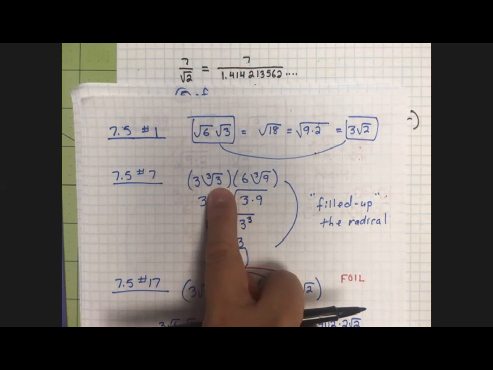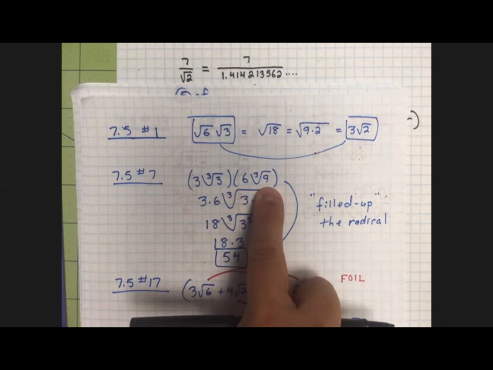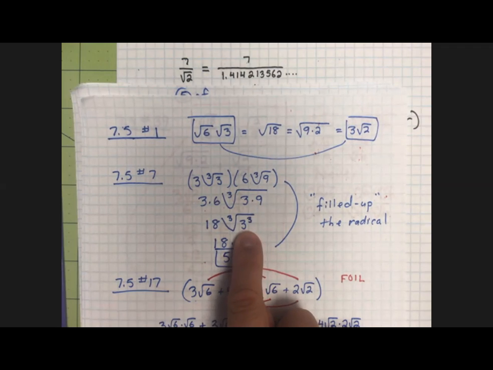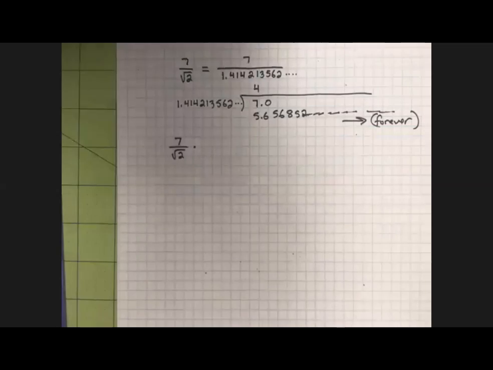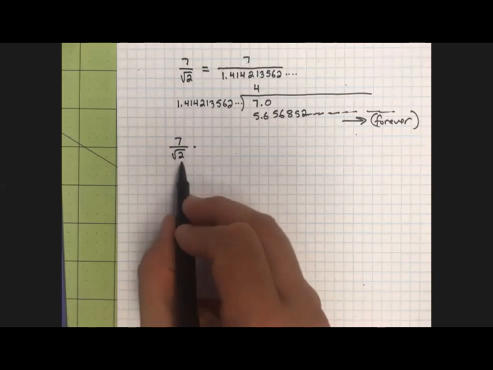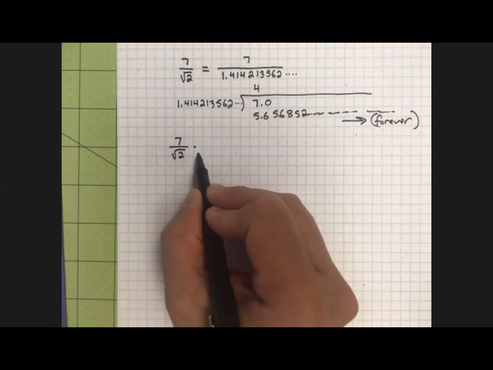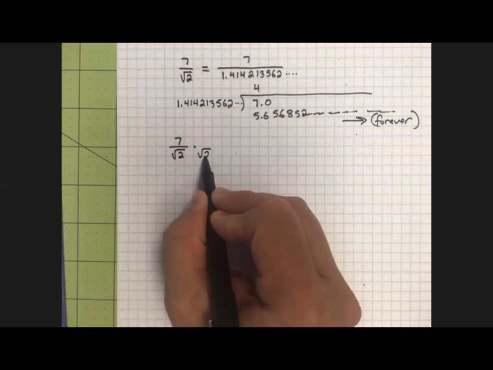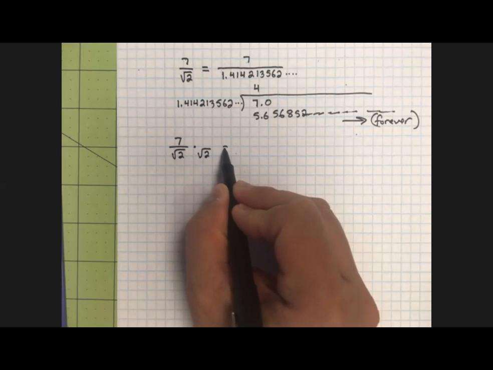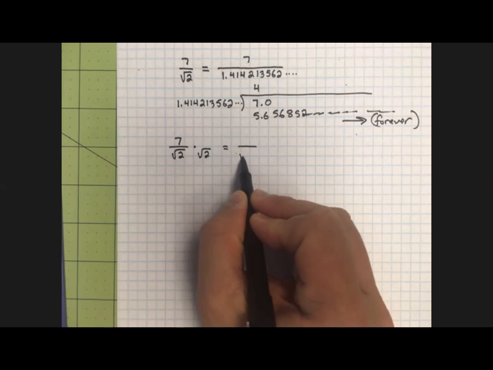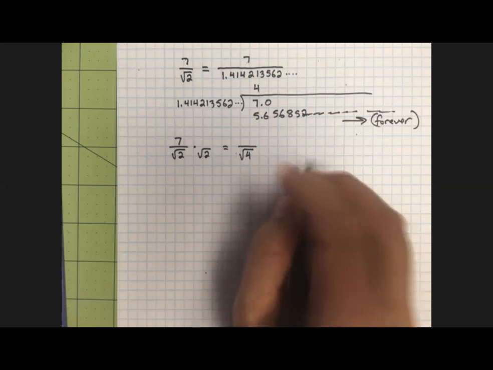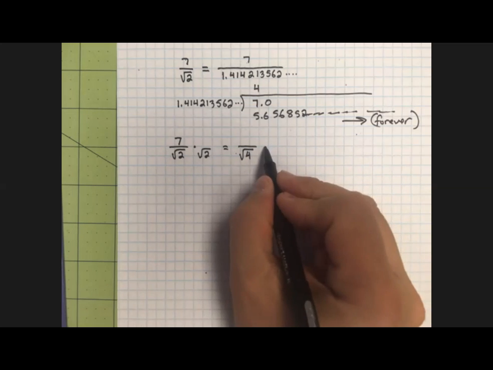That cube root of 3 times cube root of 9 magically became the cube root of a perfect cube. And that meant the radical went away. What if we did the same thing here? Square root of 2 is not full yet. But if I multiply by another root 2, then it is full. It's the square root of 4. And the square root of 4 is easy to deal with.